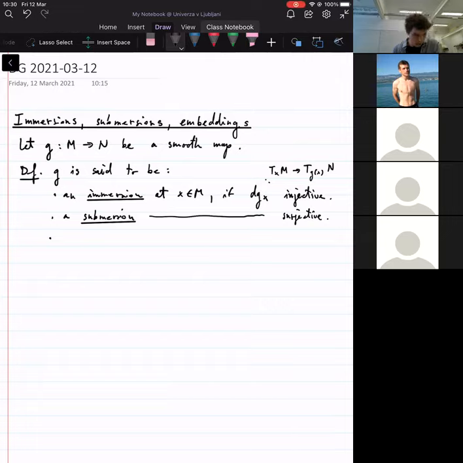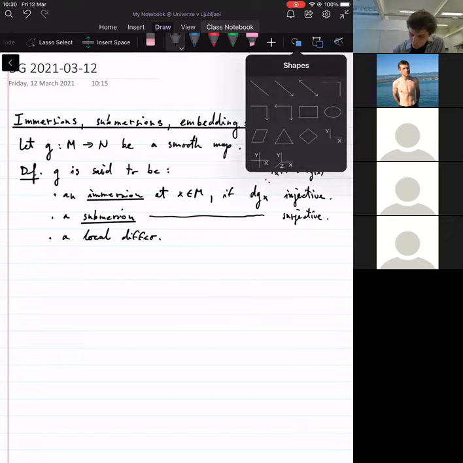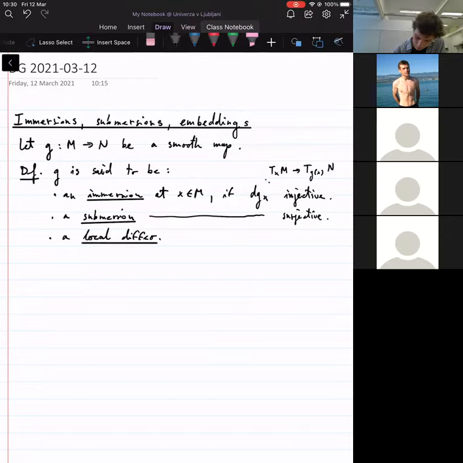Okay, so the next thing would be a local diffeomorphism, right? So again, at X. Can anybody tell me?